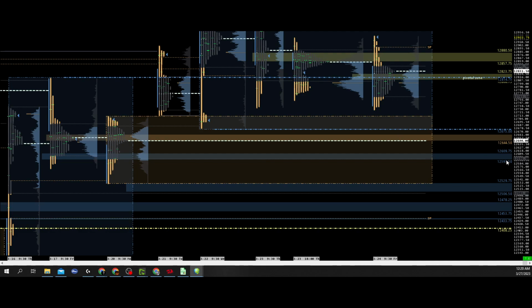So 580 to 600 would be another spot. The reason why is testing the bottom of the TPO value, top of value from a volume perspective, and finding bidders that want to hold this and push back up.